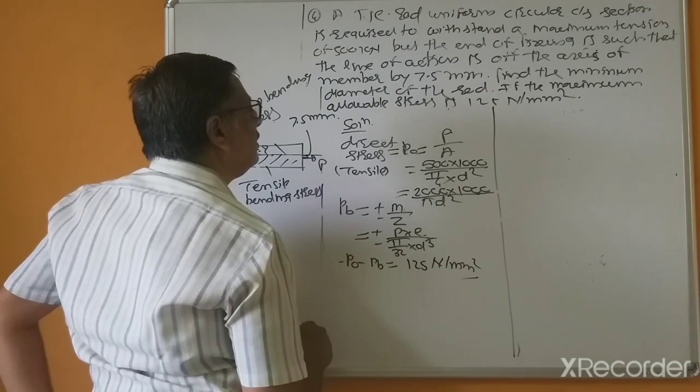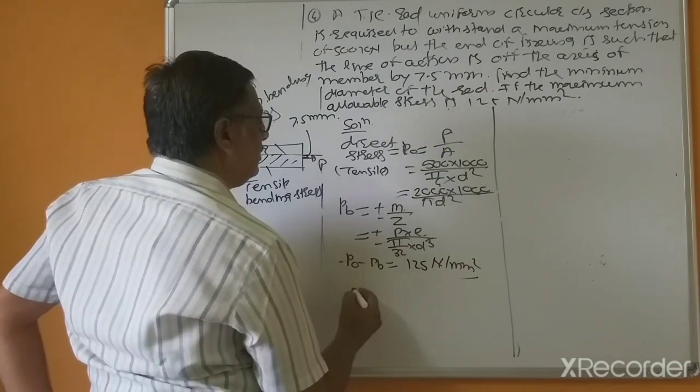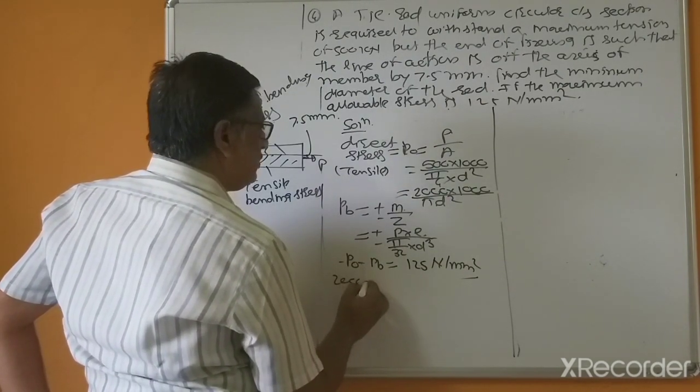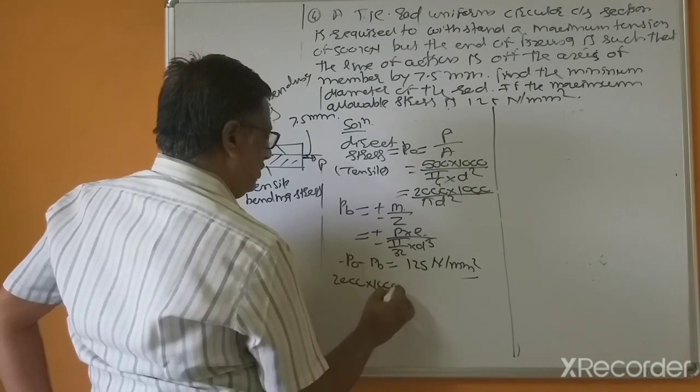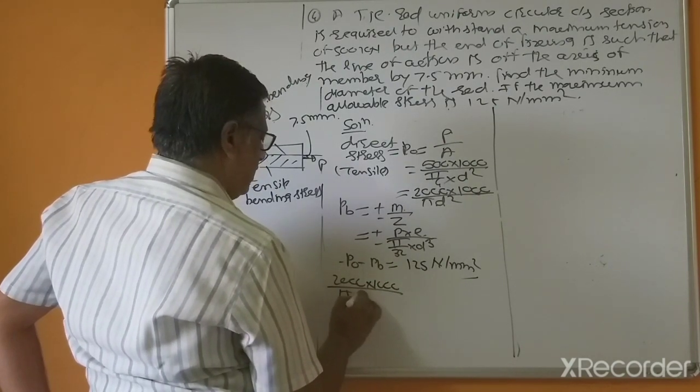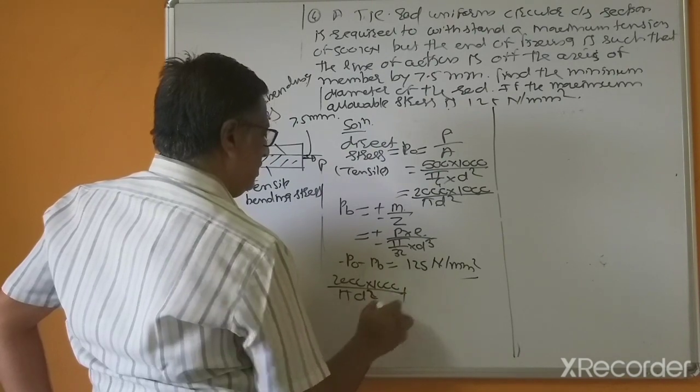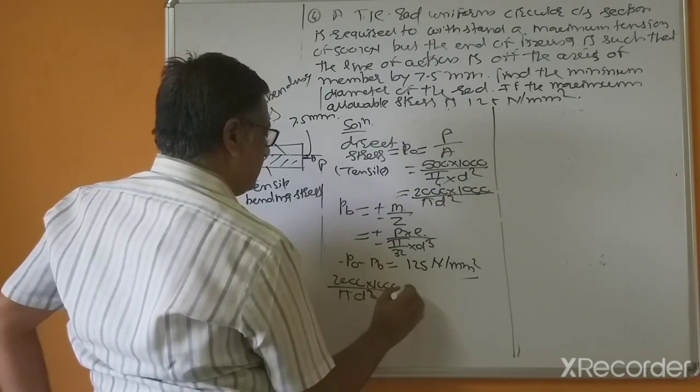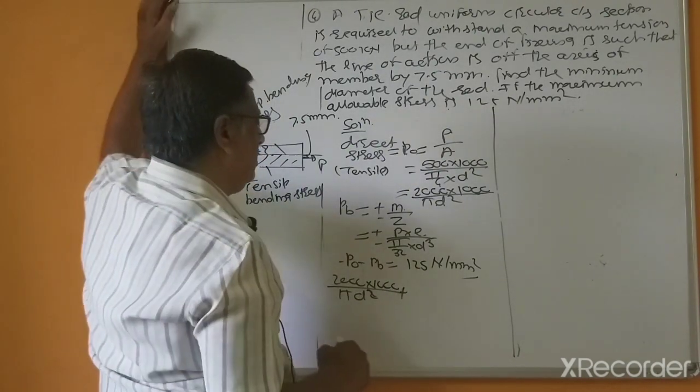So that's why we can write 2000 into 1000 pi divided by d square, minus plus PB.